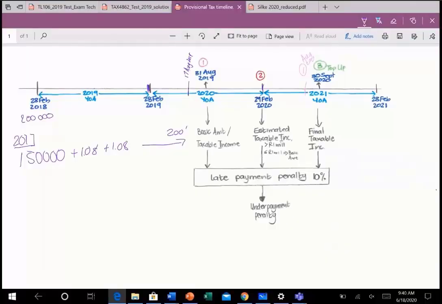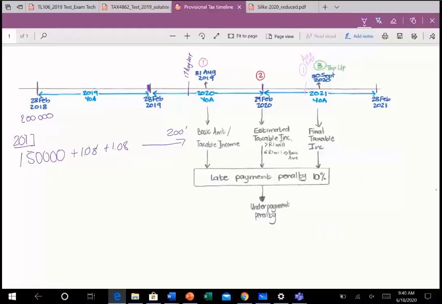For the second provisional tax payment, we would use our estimated taxable income. So when you are preparing your provisional tax return for the end of your financial year, you should have a pretty good idea of what your taxable income is. Yes, it could be slightly out because you won't have had all the information and you have to make your payment on the last business day of February, okay?